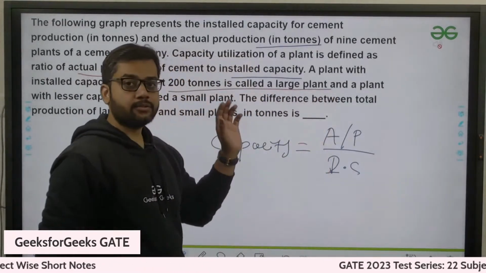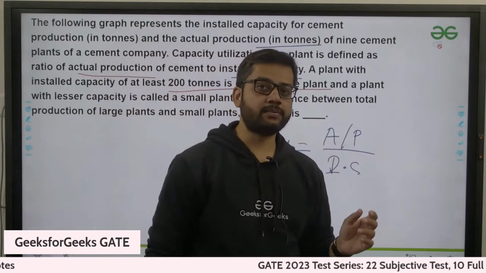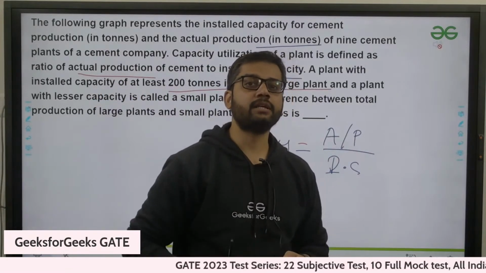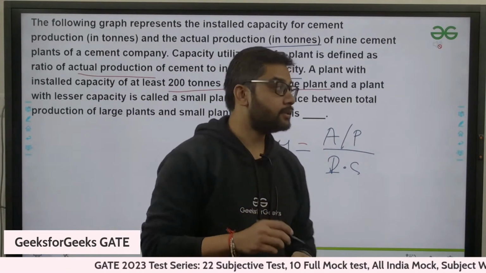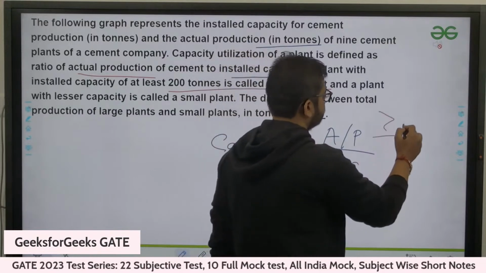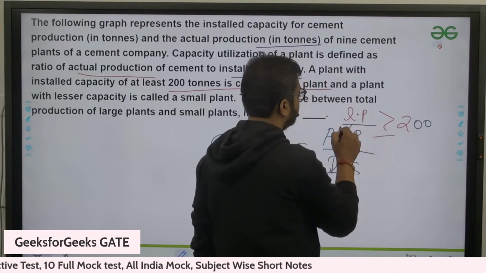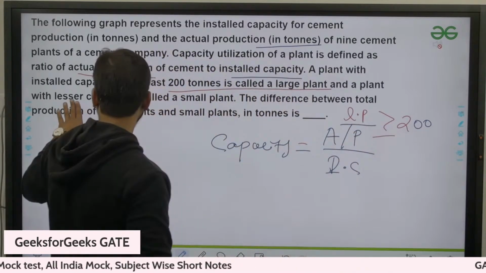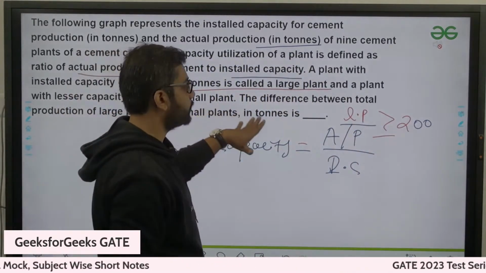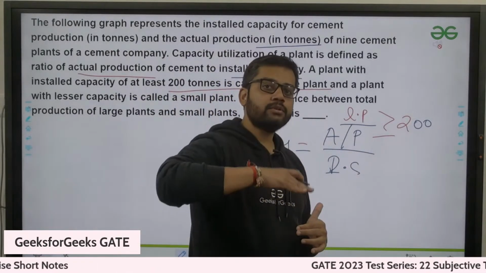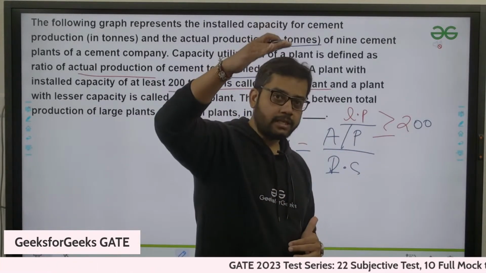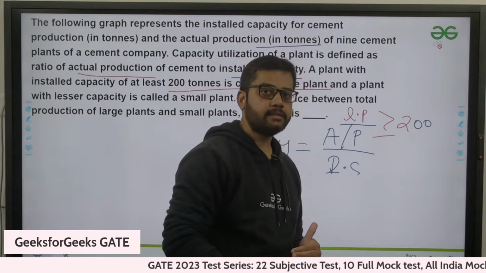Those plants with a capacity of 200 tons or more are considered large. A plant with lesser capacity is called a small plant. So 200 or more is a large plant, less than 200 is a small plant.